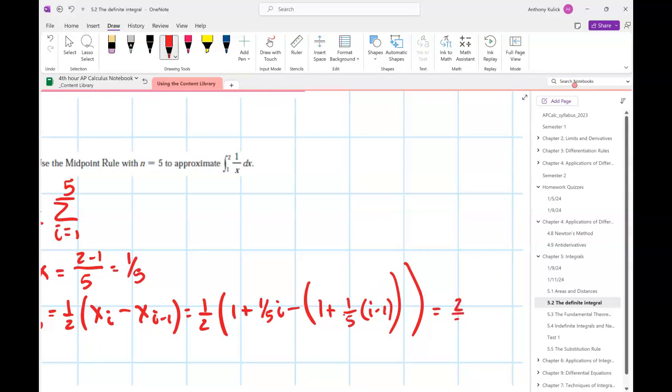I get 2i over 5 minus 1/5. Everybody's okay? Because I distribute that through. So I'm going to have f of 2i over 5 minus 1/5 times 1/5.